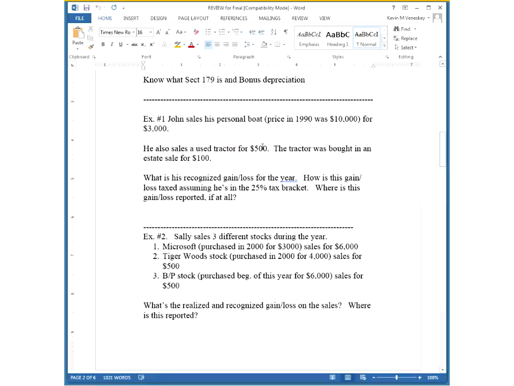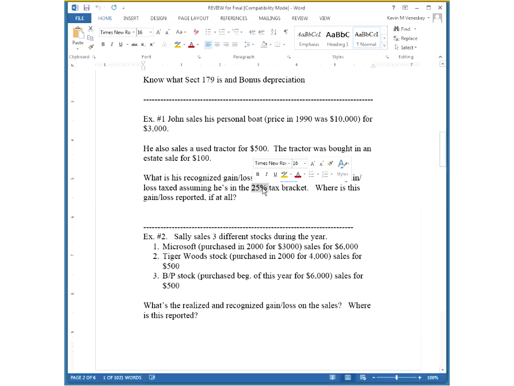The tractor here, since we bought it for $100, there was a gain of $400. So if you were to follow the rules of the tax law, even though in this kind of situation, how many times does it happen? Probably not much. But the rule of tax law would say you would report a $400 capital gain.